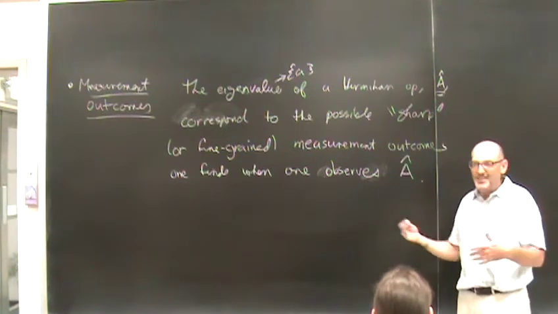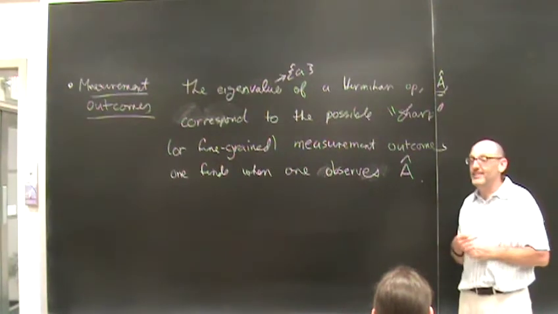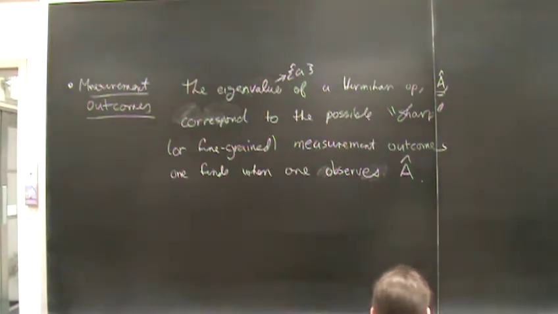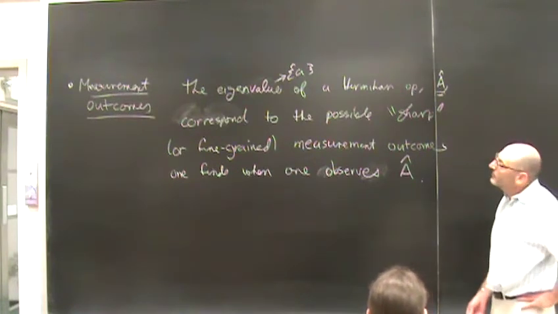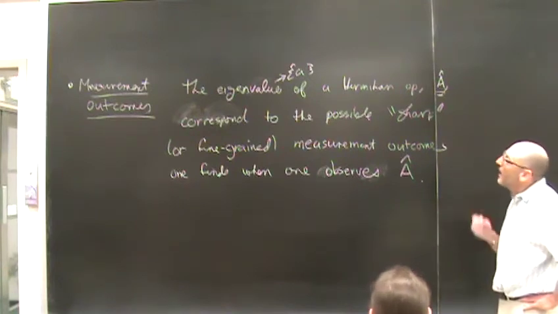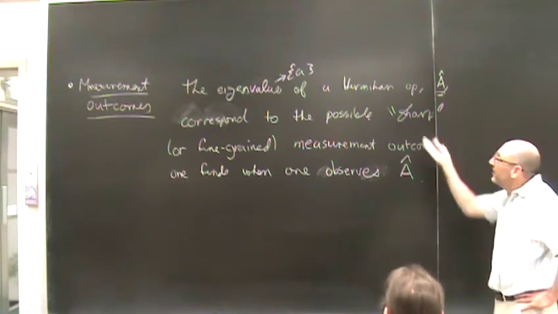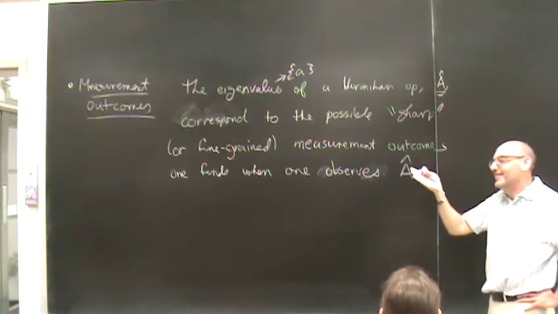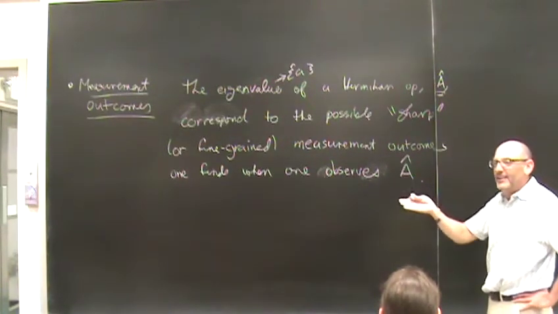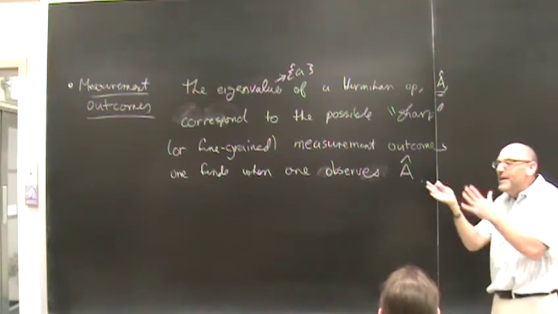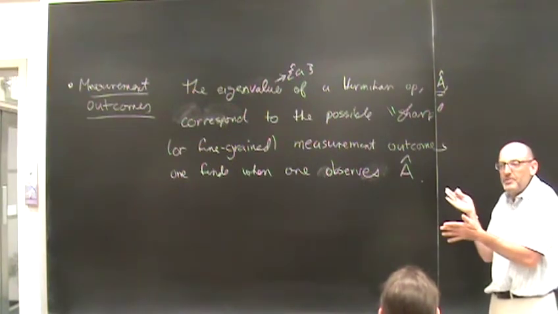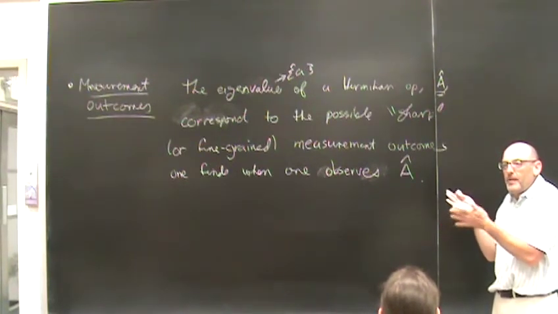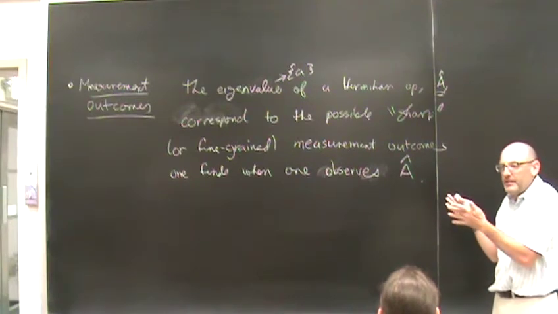So what I mean, one of the things, and I'm elaborating on these postulates in ways that you perhaps have not seen in your earlier courses, making them a little bit more refined and modern, frankly. Not every measurement that one does is of this sort. When I just did my little jog down there, you maybe made some estimate, but it wasn't a sharp measurement of my momentum and my position.